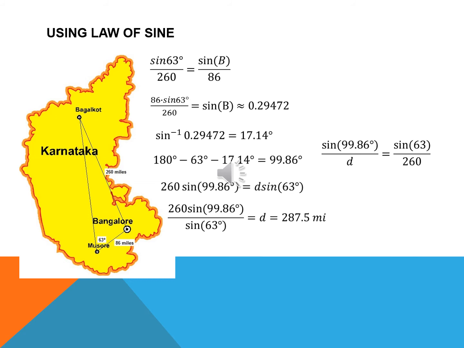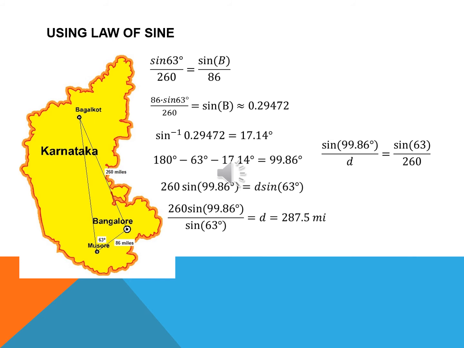If I multiply both sides by 86, then I will solve for sine of angle B, and that is approximately 0.29472. Then doing inverse sine or arc sine of that value gives us a 17.14 degree angle. So the angle at Bagalkot is 17.14 degrees.